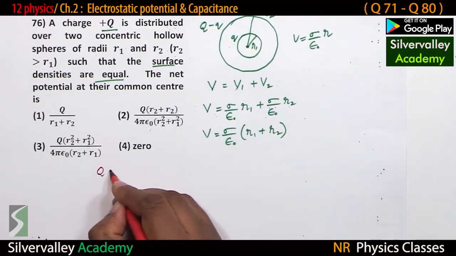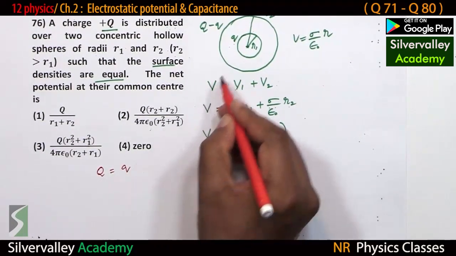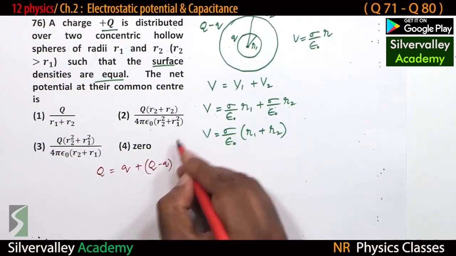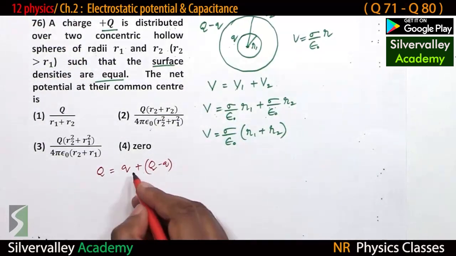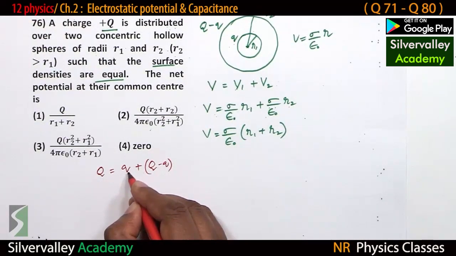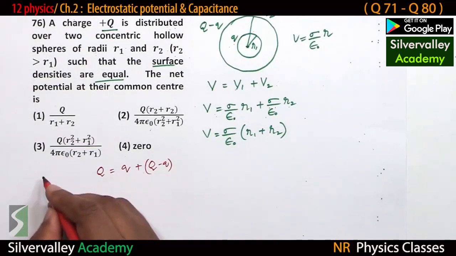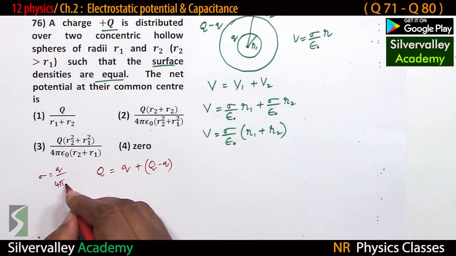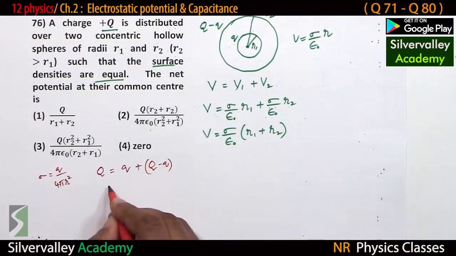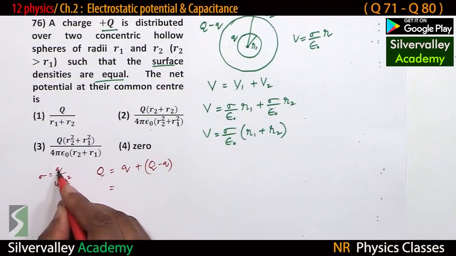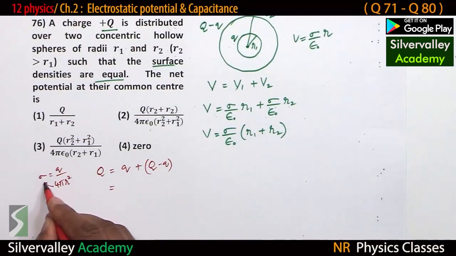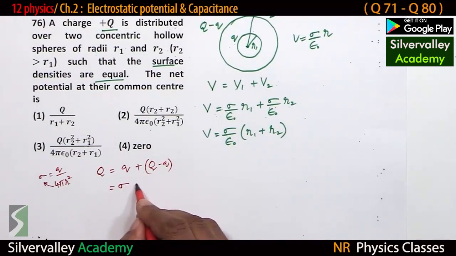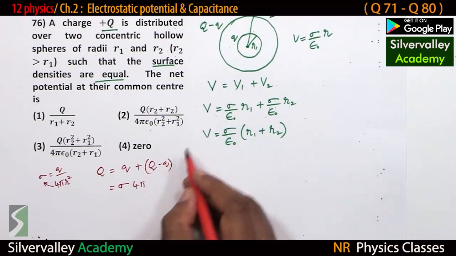Total charge equals charge on the inner plus charge on the outer. Charge in terms of surface charge density: sigma equals charge by area. The area of a sphere is 4 pi r square. Therefore, charge is sigma into surface area.